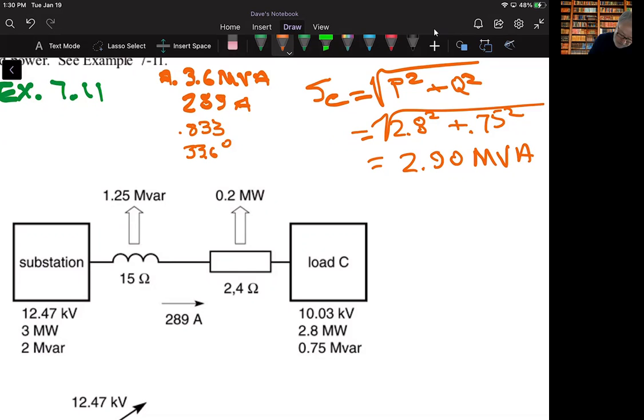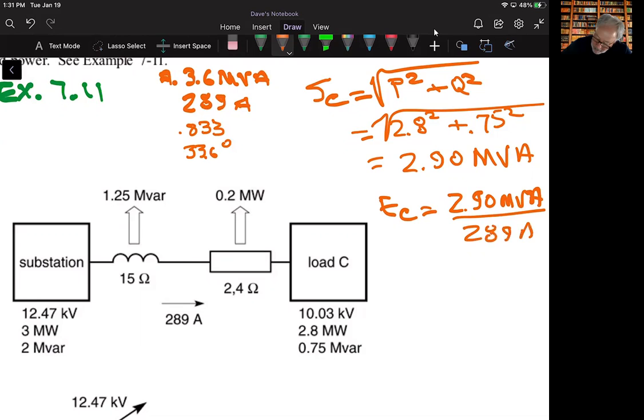The voltage at the load end of the line, think about what we're doing here. E sub C is going to be the apparent power. Now, I'm not going to solve that for us. We've been through that enough. We know that relationship. We're just taking that voltage times current, and we're solving for either voltage or current. We know the current and the total apparent power.